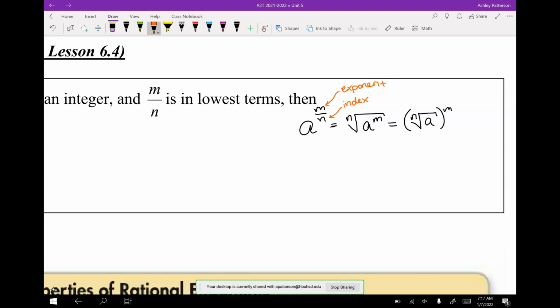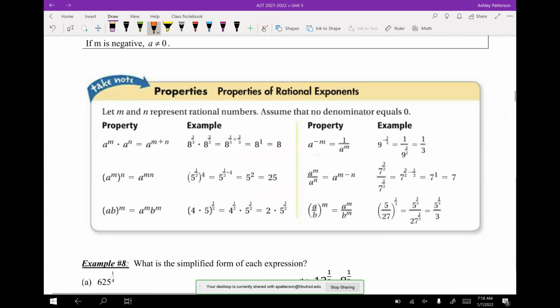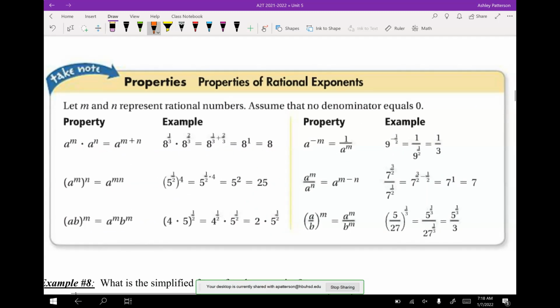Now, before we get into switching back and forth between the two forms, let's review our properties of exponents. If we have the product property, the same bases being multiplied, what do we do with their exponents? We add them, right?